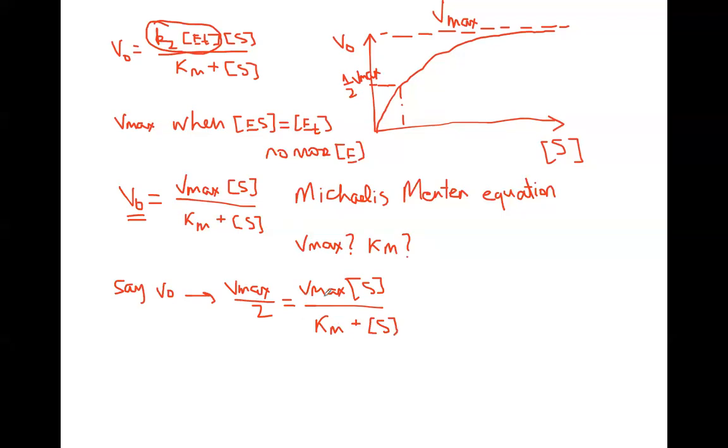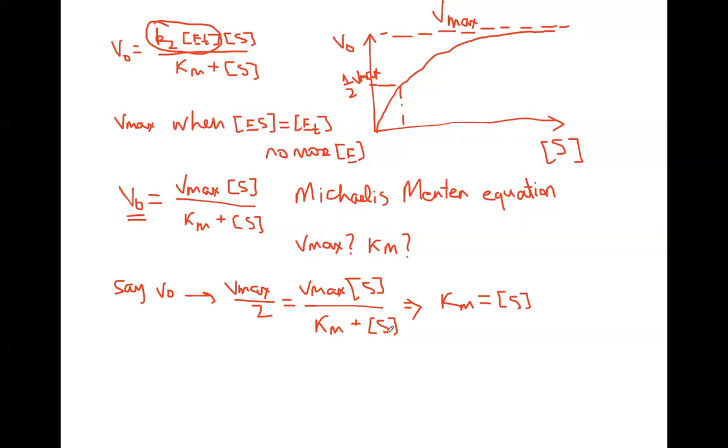So we divide by Vmax both sides, basically a simple algebraic transformation, and we come up with Km equaling substrate concentration.